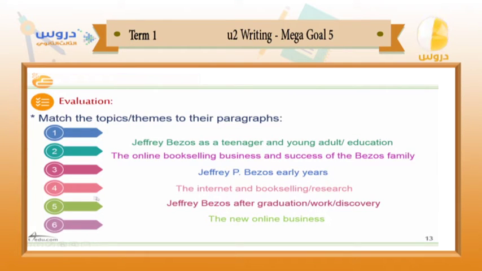Okay, what about paragraph number 4? He discovers something. So what is his discovery? Something related to what? To the books, selling the books. So the internet and book selling and research. Number 5, okay, it's when he started his business, his online business, his online job.